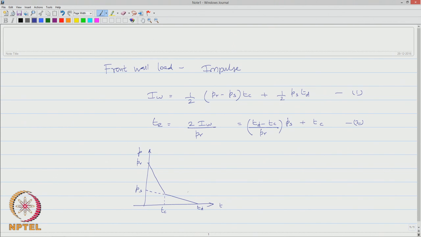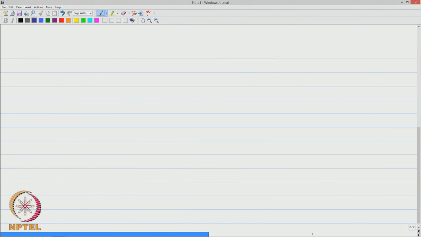We make an equivalent loading from this bilinear curve, and we call this the equivalent period and the equivalent triangular loading, which is going to act on the front wall, based upon the impulse given by equation 1, which we saw in the last lecture.